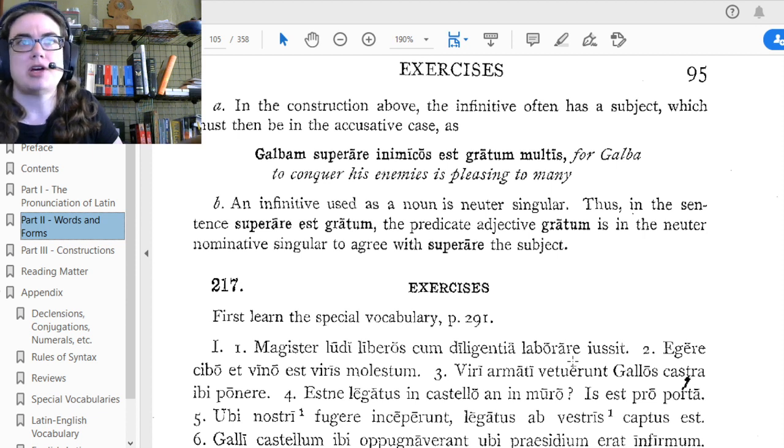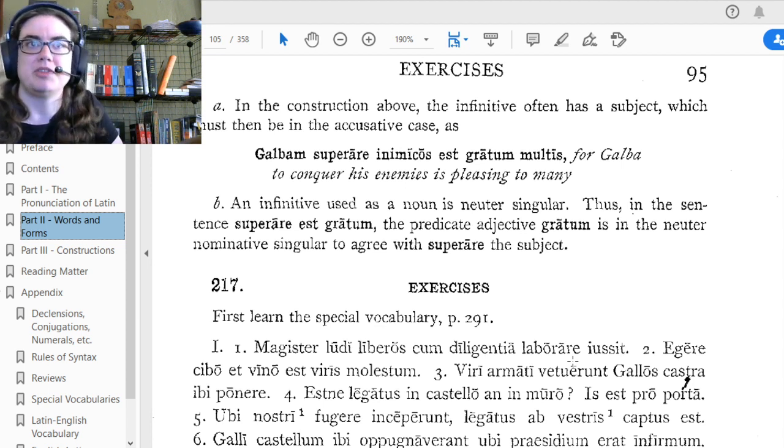So the subject really is conquering enemies. But because we're using that infinitive construction, we have the accusative subject, Galbam, with the infinitive. Accusative subject with infinitive, very common. An infinitive used as a noun is neuter singular, gratum, right? Thus, in the sentence superare est gratum, the predicate adjective is gratum.